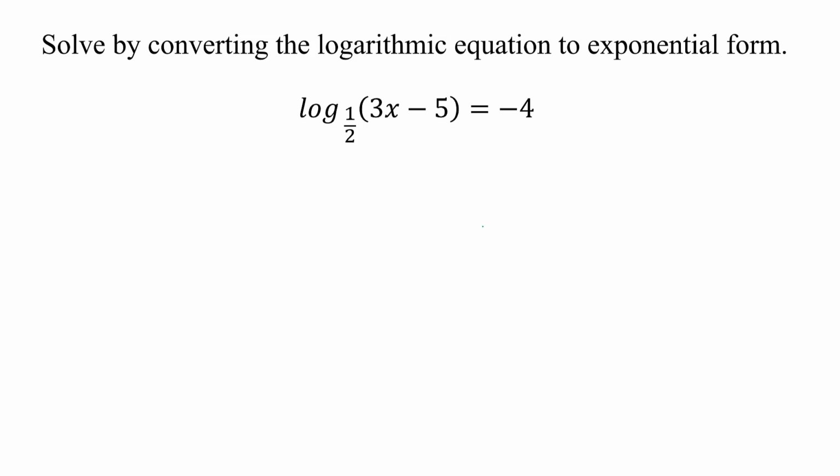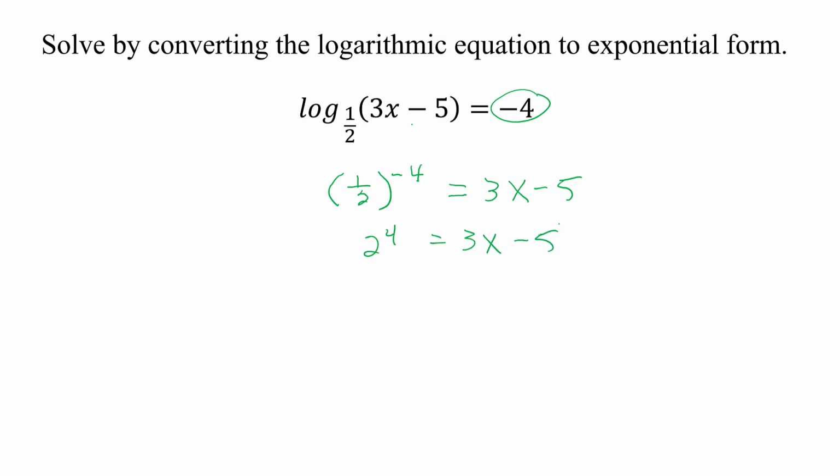For log to the base 1/2 of 3x minus 5 equals negative 4, the base is 1/2. Converting to exponential form, 1/2 would be raised to the power of negative 4. So 1/2 raised to the power of negative 4 is going to equal 3x minus 5. 1/2 raised to the power of negative 4 is the same as 2 raised to the 4th.